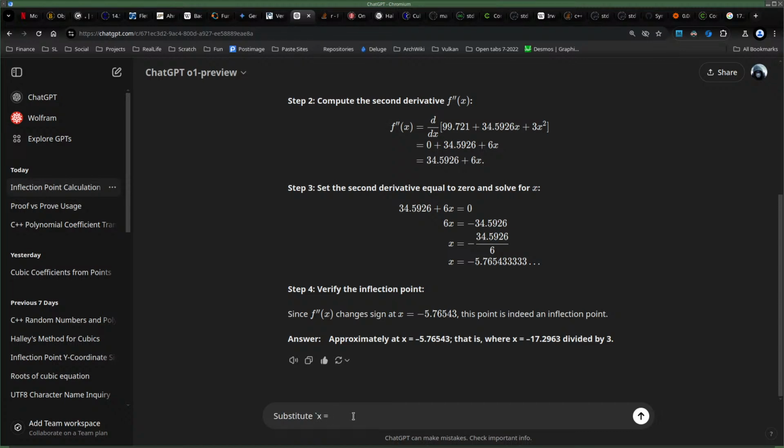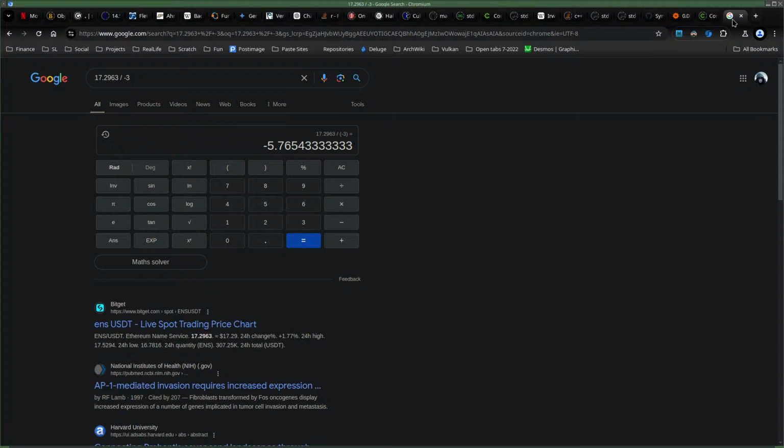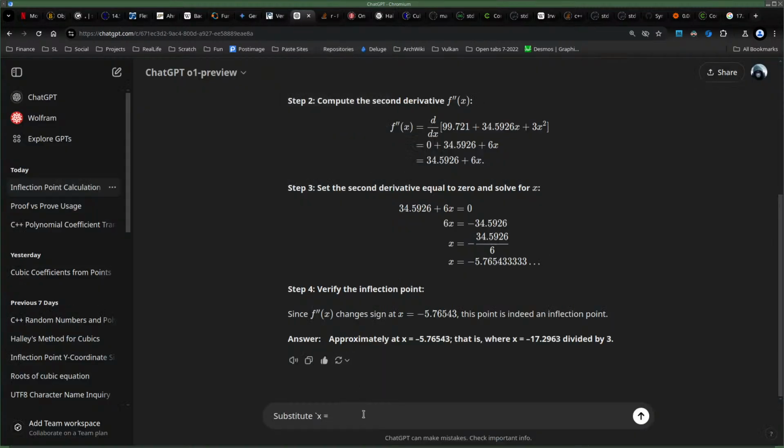Substitute x with something else, and then of course I want that if x equals that value, yeah, I'll copy it here, plus U. So now, if U is 0, then X is that inflection point.